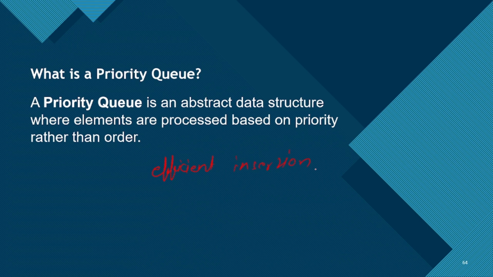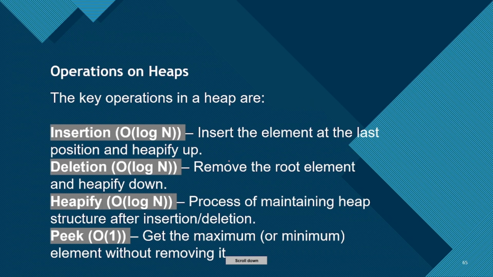Let's take an example. In a task scheduler, high priority tasks are executed before lower priority ones, even if they were added later. Okay, I hope you get what I mean.